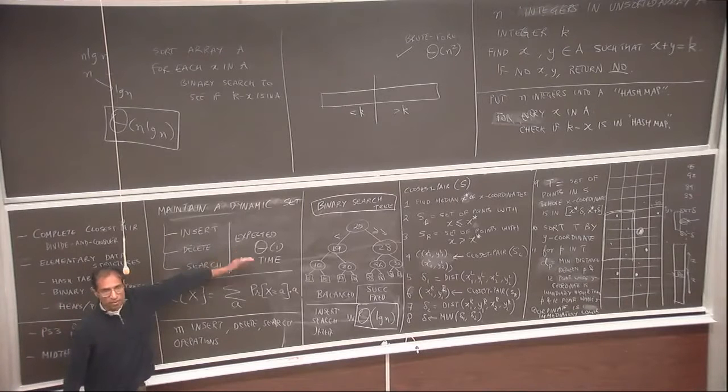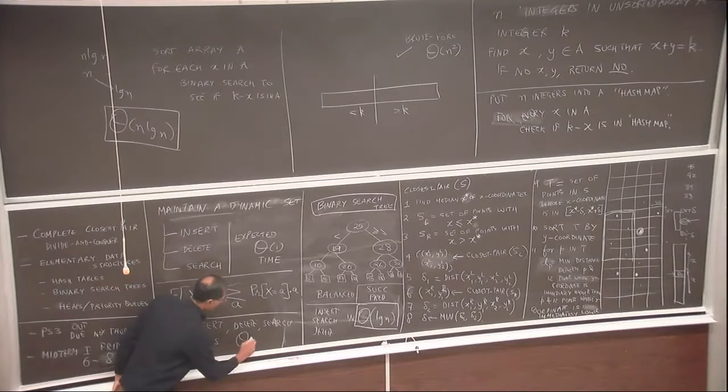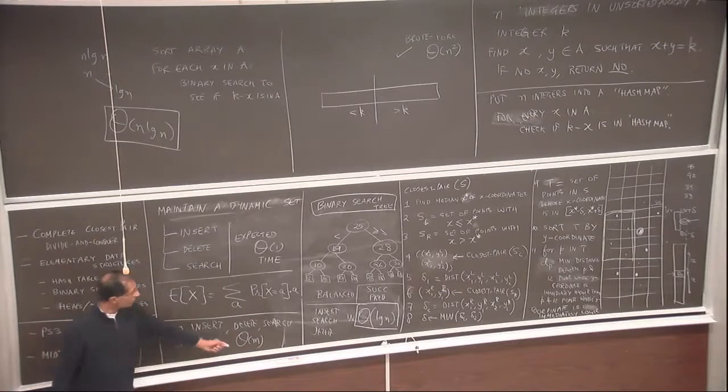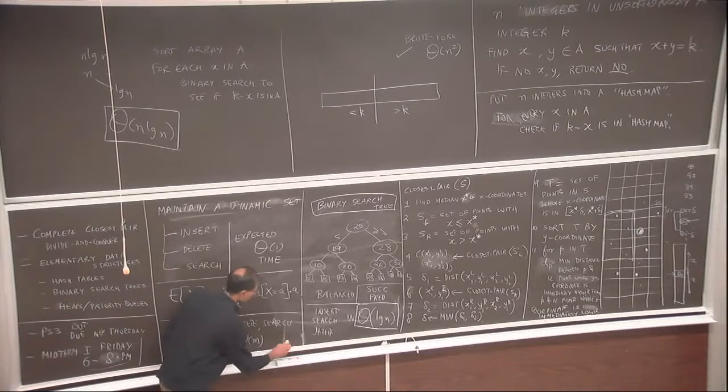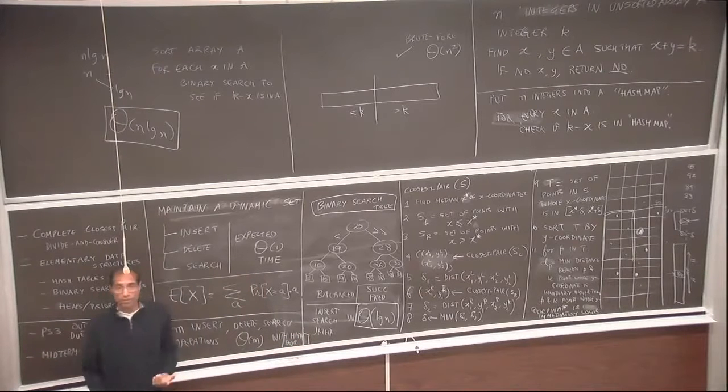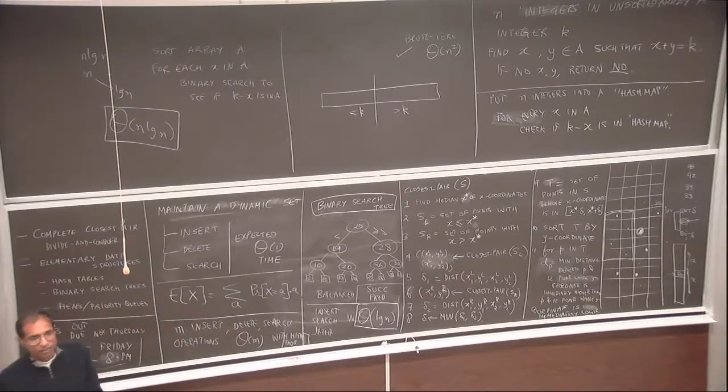Sometimes it could take more, sometimes less, but when I add them up, I get Theta(m). The probability of this deviating to much more than Theta(m) is very unlikely. So if you have m insert, delete, search operations, it's Theta(m) with high probability. The longer your sequence is, the more likely it is to be very close to the expectation.